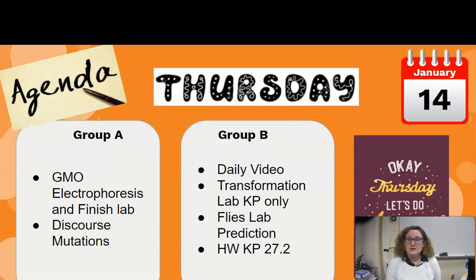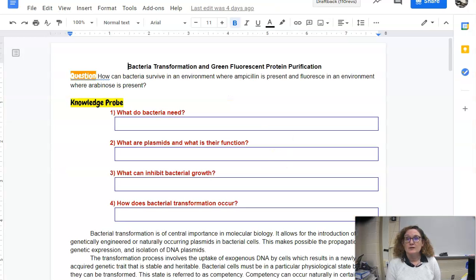So let's take a look at the lab real quick. When you open it up, it'll look like this. So you're doing bacteria transformation. And these first 4 questions are just on bacteria in general. You might have to look at this one. I think if you read through here, it also talks about it too.